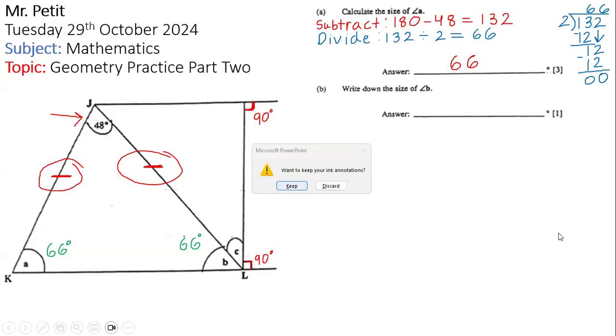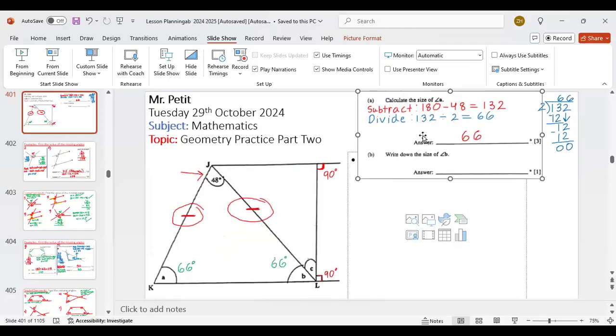So here's the thing. We have this triangle, right? Now, what do these lines on the triangle mean? Laura, what do the lines on a triangle mean?